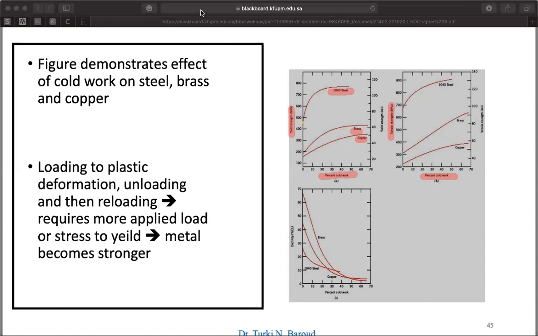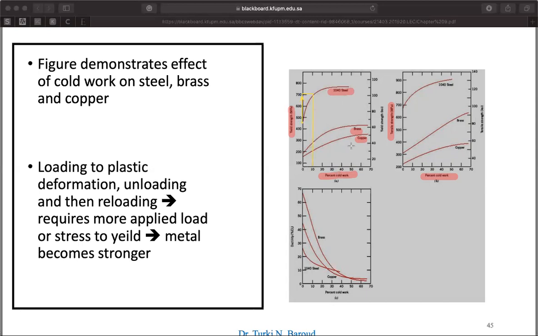And then if you do 10% cold working, what's going to happen? 10% cold work is going to result in around 700 megapascal. Okay, so you can see how much you can improve the strength. You can take it from 450 all the way to 700 megapascal.